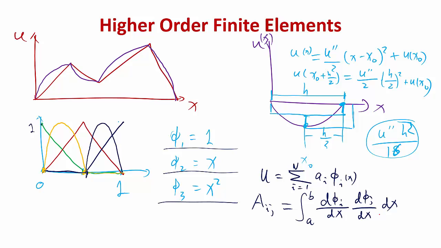Right? And the matrix entries are going to be non-zero when the derivative of phi_i and the derivative of phi_j have non-zero overlap.